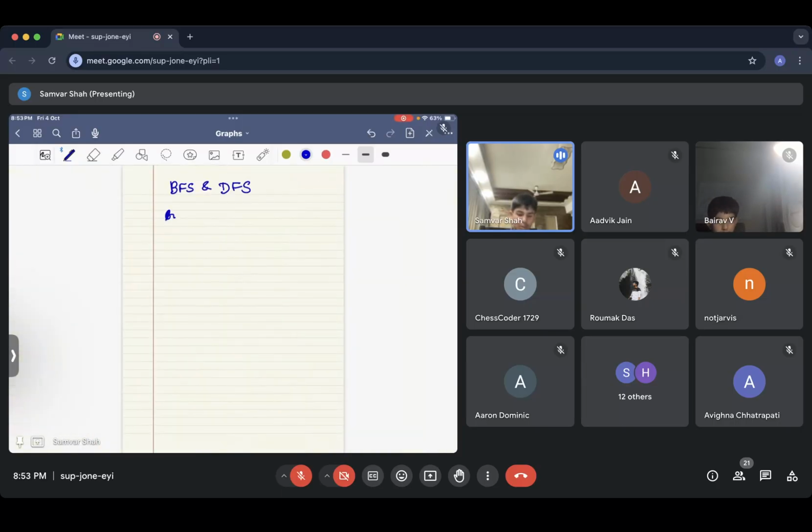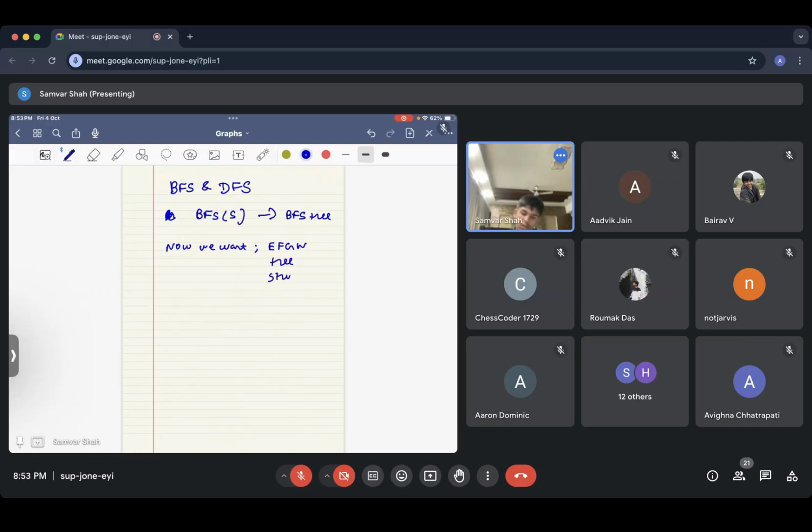What we did was BFS from S, which gave us a BFS tree. But now we want the E, F, G, W tree structure. So what to do?